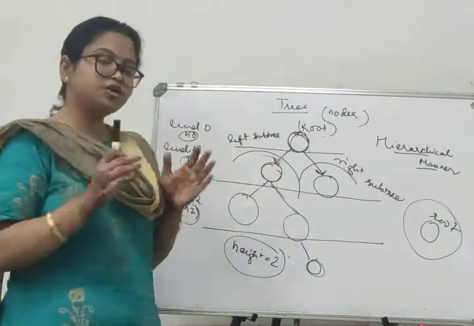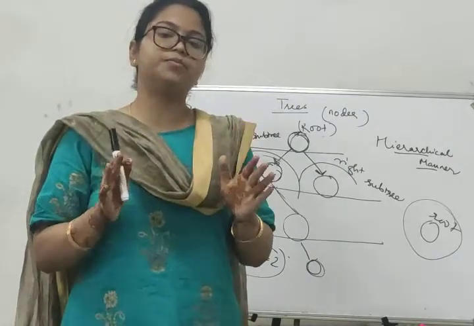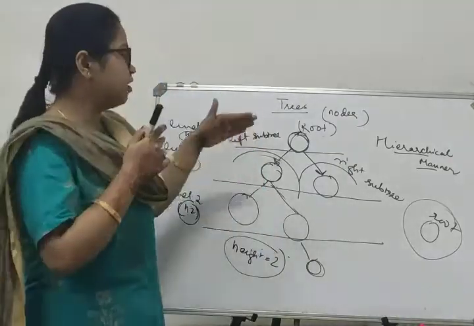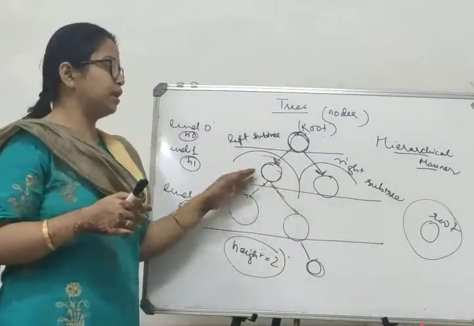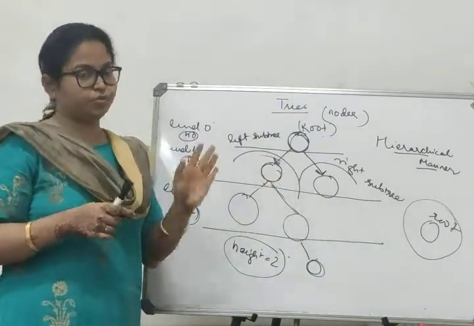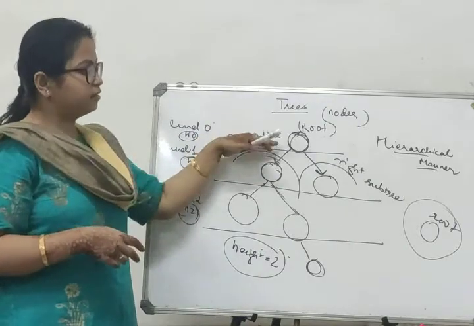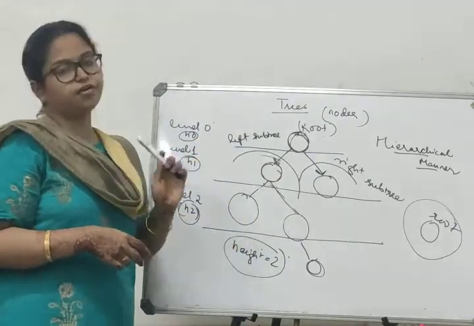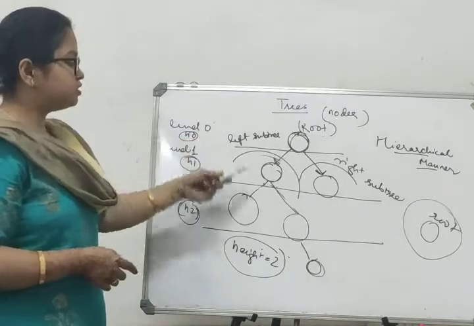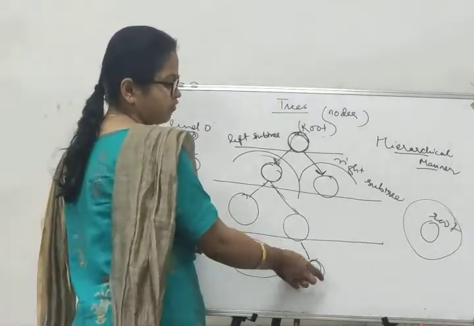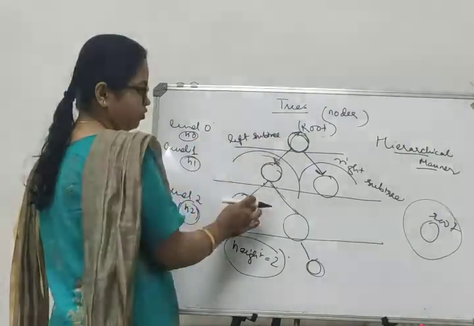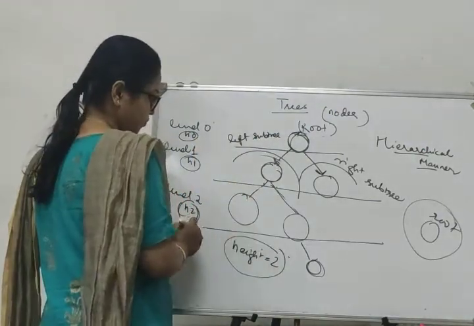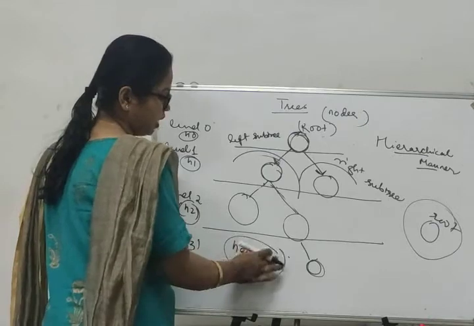The starting node of the tree is termed the root node, and it turns down in a hierarchical manner, having a left subtree and a right subtree. The number of levels defines the height of the tree. Now if I add this, the tree has height... this is 0, 1, 2, 3, so this is h3. So height becomes 3.